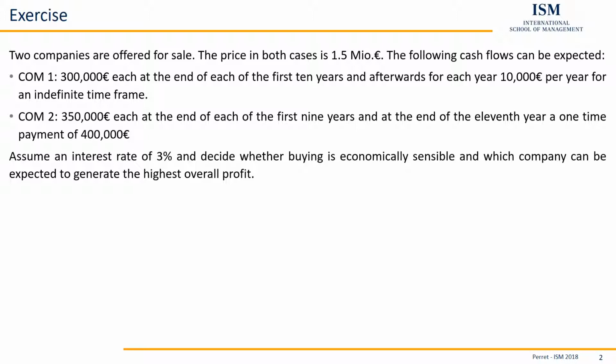For the second one, we have the single payments of 350,000 euros for 9 years and a one-off payment of 400,000 at the end. So we're working our way through the two companies, trying to get the net present values.